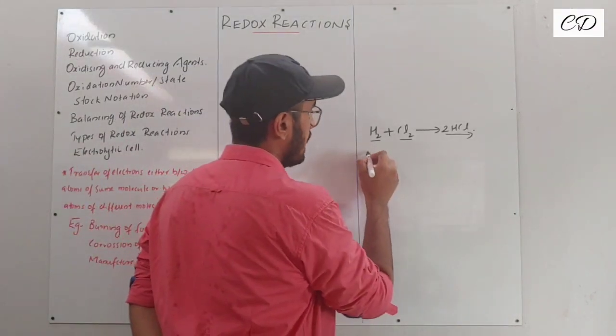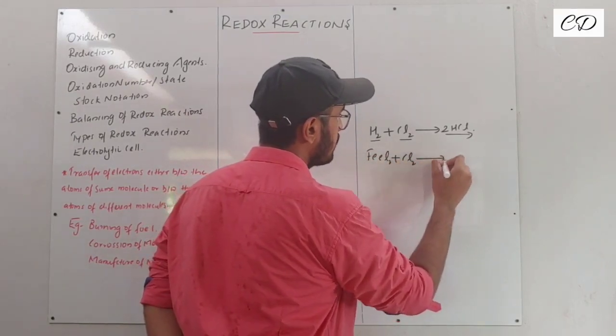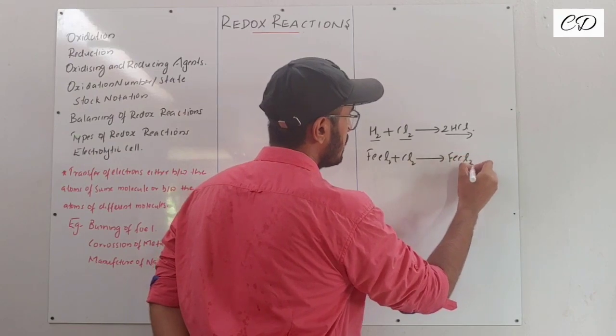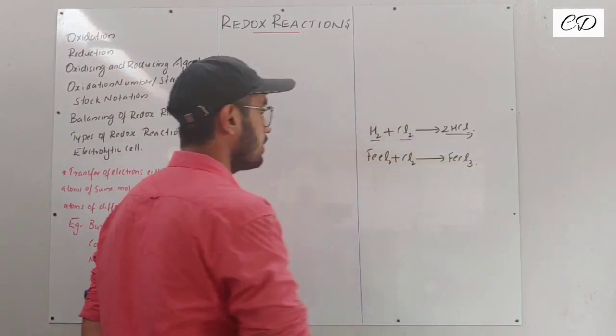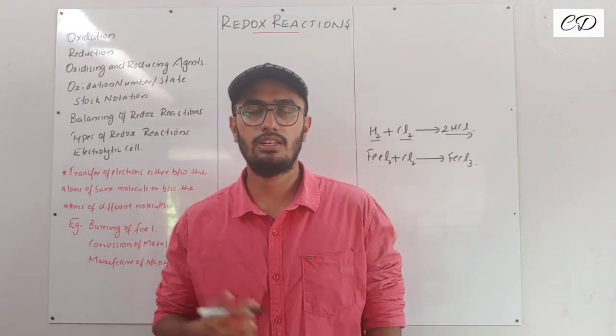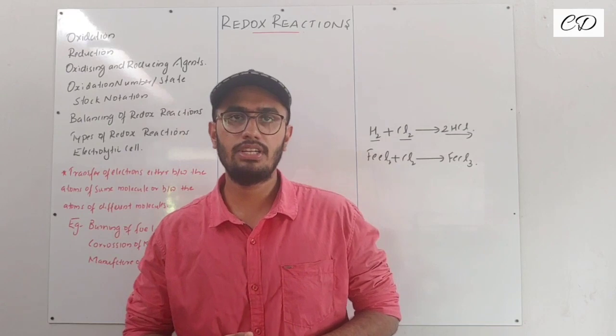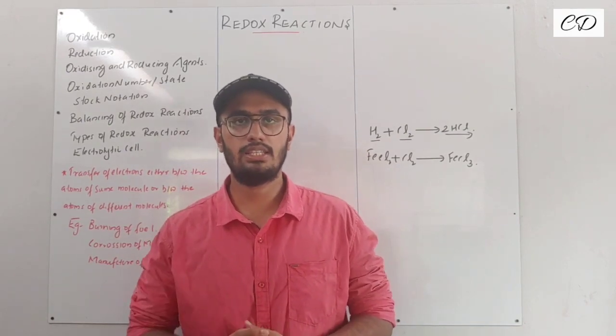Next one, FeCl2 plus Cl2 giving FeCl3. This is also an example of redox reaction. This is the basic or simple definition of redox reaction.